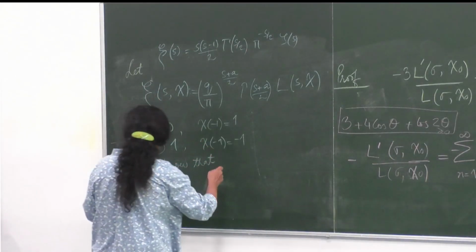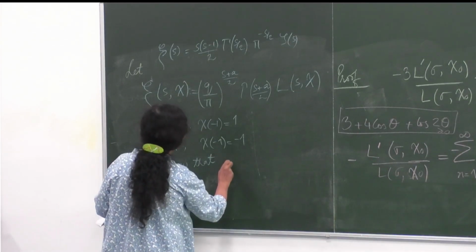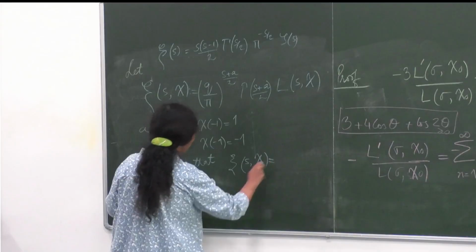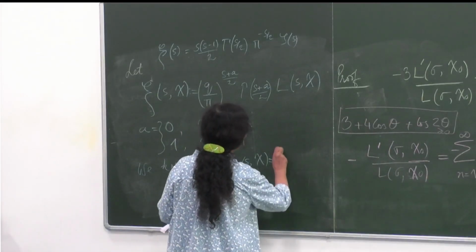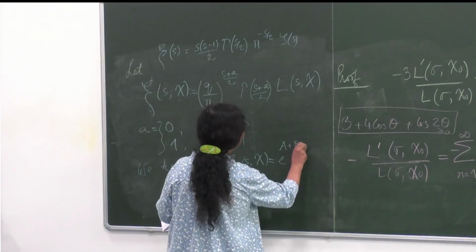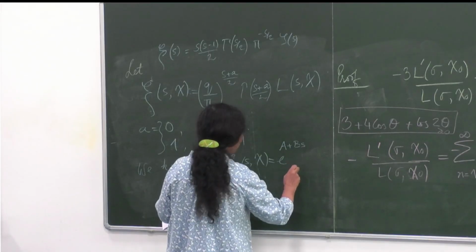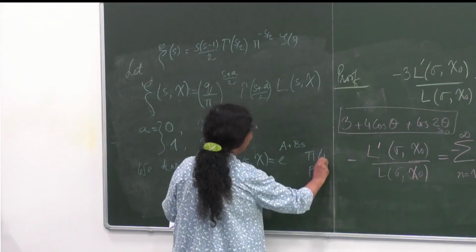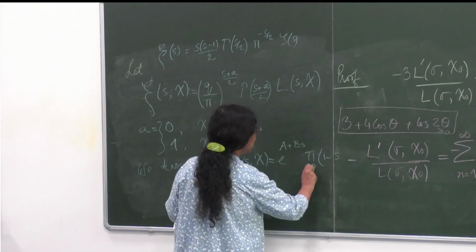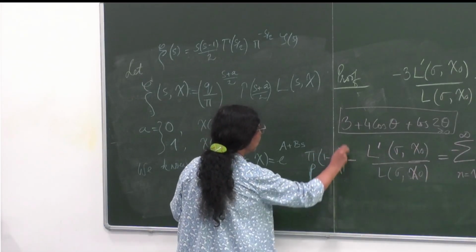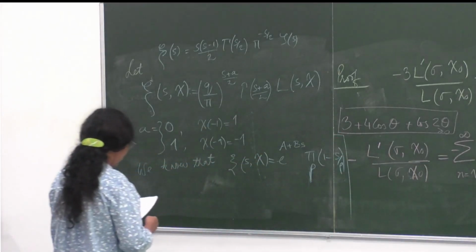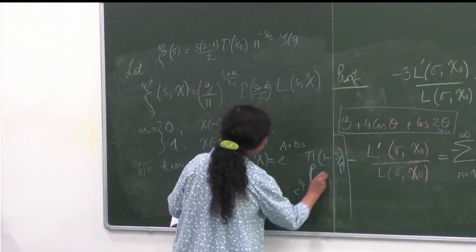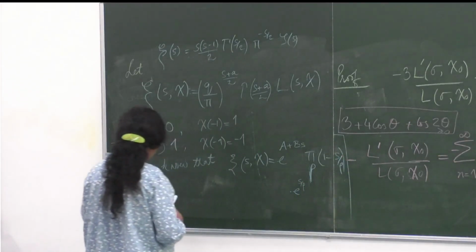If I write this completion, then xi(s, chi) is equal to exponential of A plus B times s, into the product over rho of 1 minus s by rho, multiplied by exponential of s by rho.